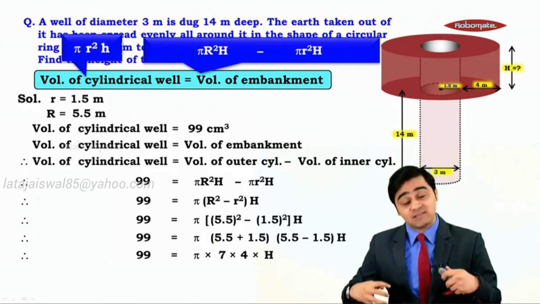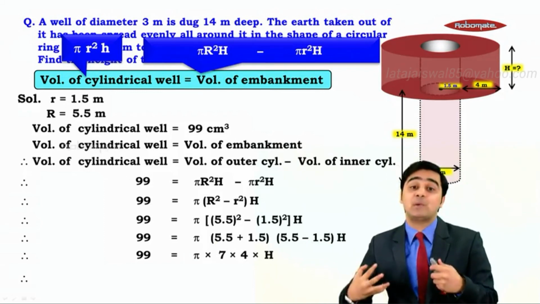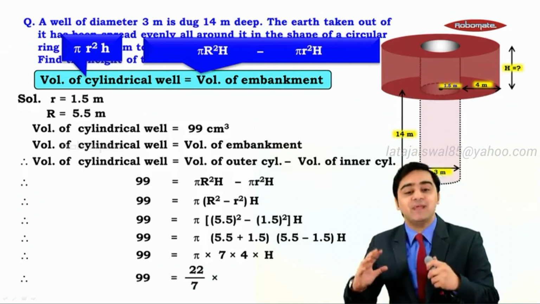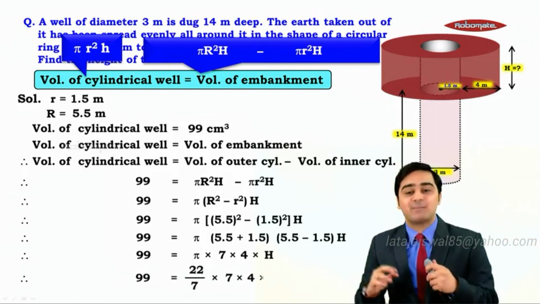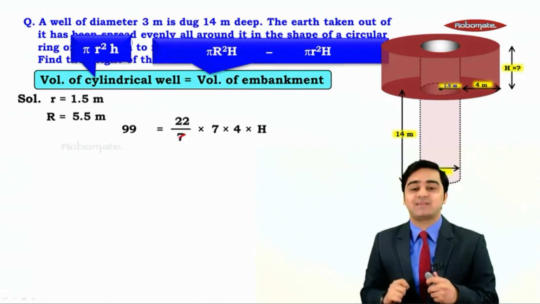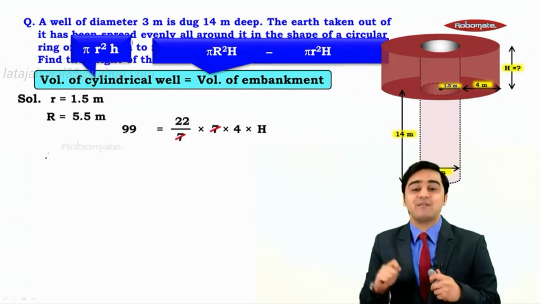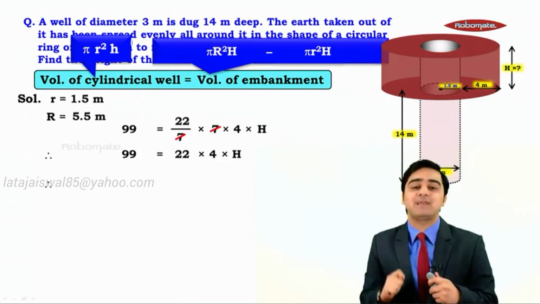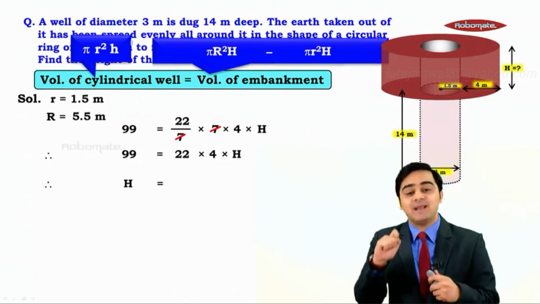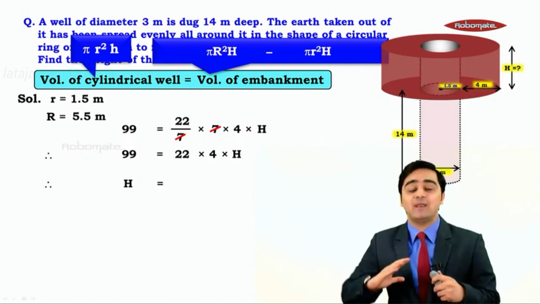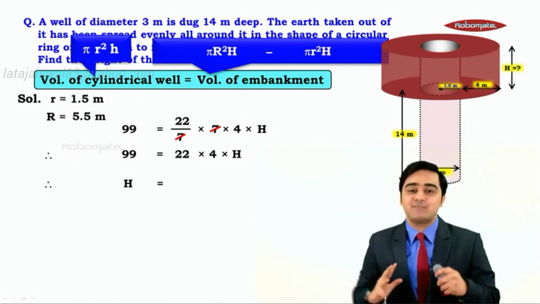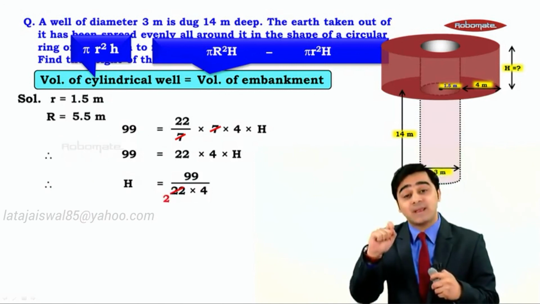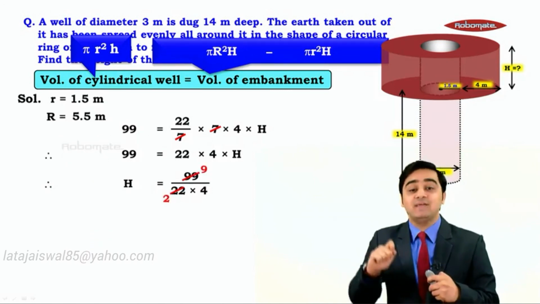Now next we can substitute the value of pi. Pi is 22 by 7. So the next step is 99 is equal to 22 upon 7 into 4 into capital H. Let us understand the next step. Now we can cancel 7 and 7. So we are left with 99 is equal to 22 into 4 into capital H. Now to find capital H, let us keep that on one side and now let us shift the other terms to the other side. So we have capital H is equal to 99 upon 22 into 4. What we can do is we can cancel 22 and 99 with the table of 11.